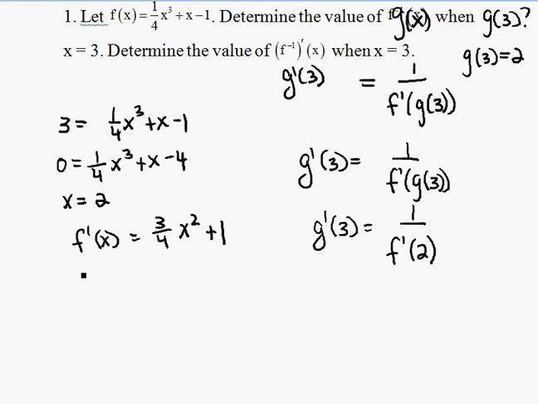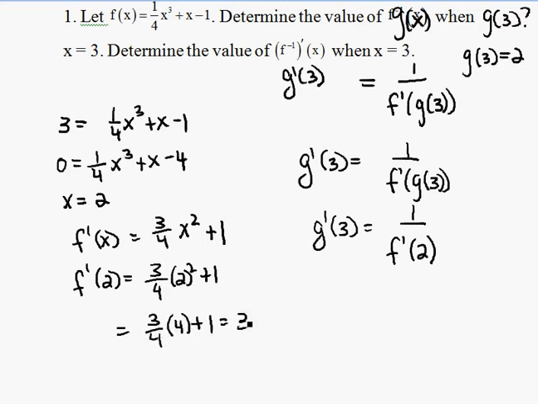So let's plug 2 into our f prime function here. So f prime of 2 is equal to 3/4 times 2 squared plus 1. So this is equal to 3/4 times 4 plus 1, which is 3 plus 1, which is equal to 4. So therefore, g prime of 3 is equal to 1 over f prime of 2, which we just determined is 4. So it's equal to 1/4.